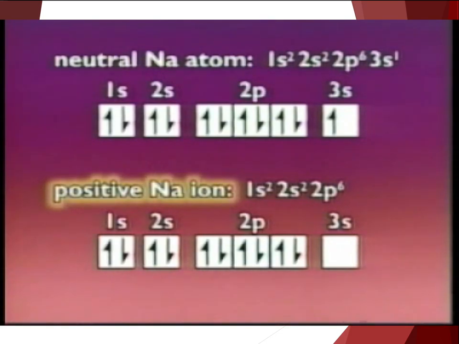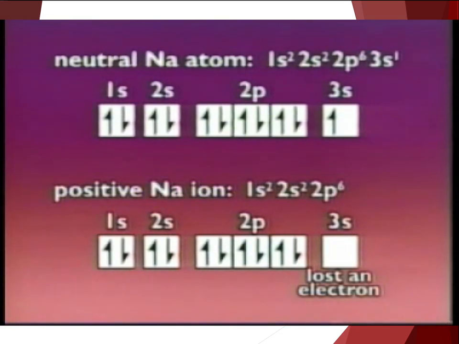The positive sodium ion has lost an electron, so its configuration is 1s2, 2s2, 2p6. When an atom loses an electron, it will always lose the electron from its outermost orbital. In the case of the neutral sodium, it lost the electron in the 3s orbital when it became an ion, because the 3s orbital is the outermost energy orbital that sodium was using.